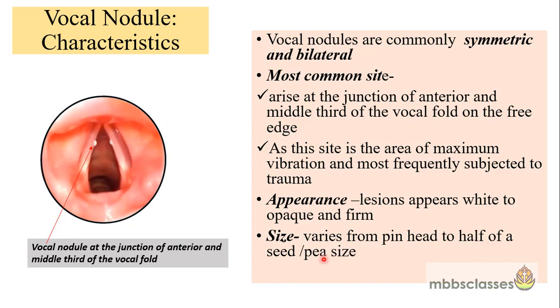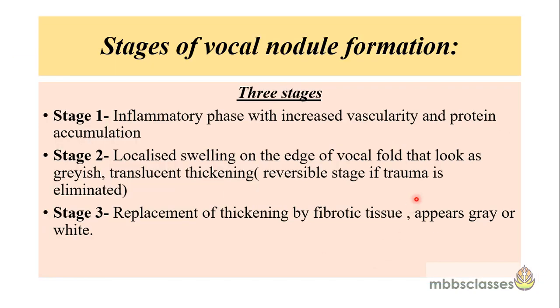Whenever we are documenting the laryngoscopic features of any lesion over the vocal cord, we must record the look of the lesion, we must record the site, we must record whether it is bilateral, and any other associated changes over the laryngeal mucosa.